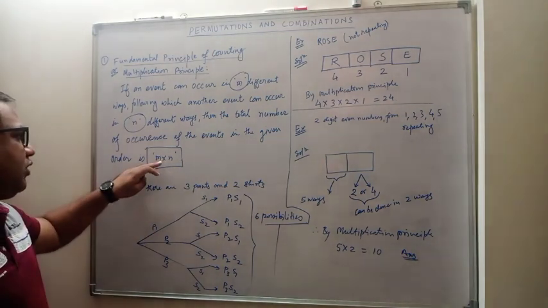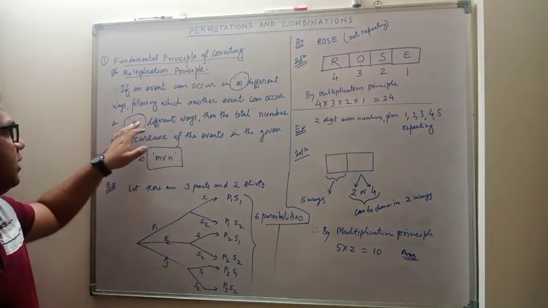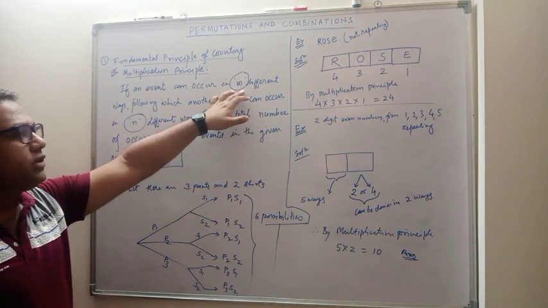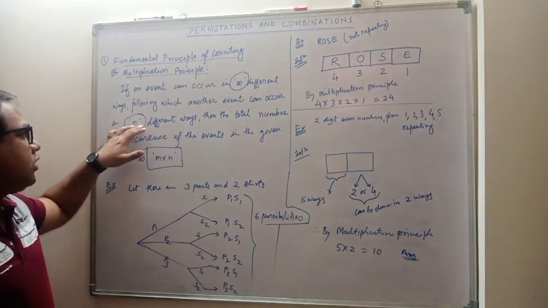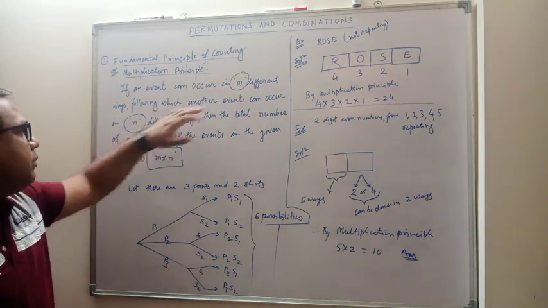So basically, if there are two events, after the occurrence of m, n is occurring, therefore we are simply multiplying m by n.